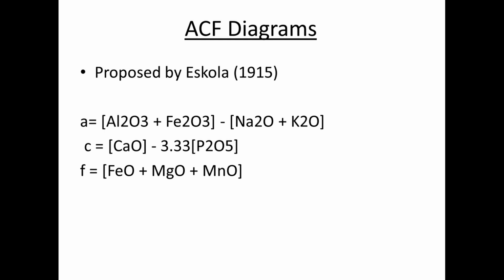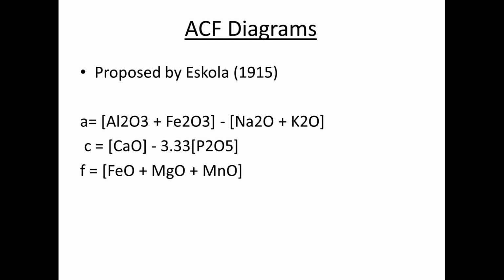Now here 2 questions arise. First of all, why do we subtract the amount of Na2O and K2O? And second, what is this 3.3? Okay, see, Al2O3 is commonly found associated with Na2O and K2O. For example, in orthoclase, we have KAlSi3O8. In plagioclase, we have NaAlSi3O8.